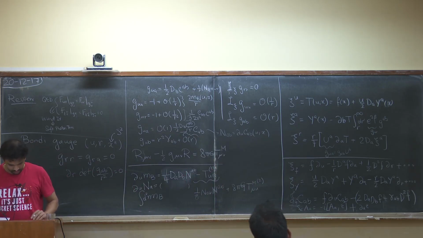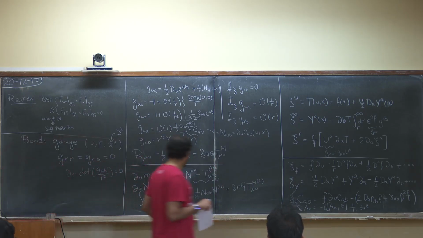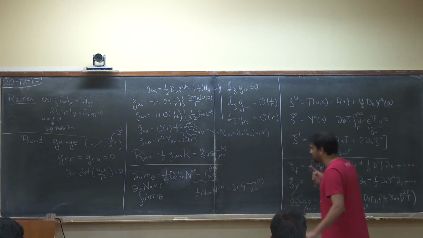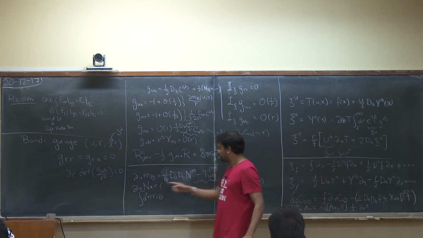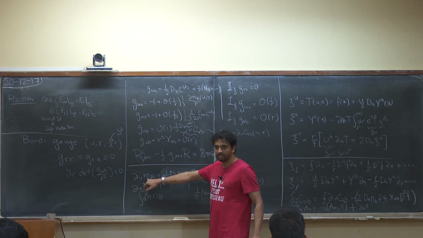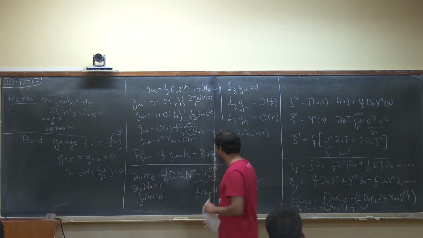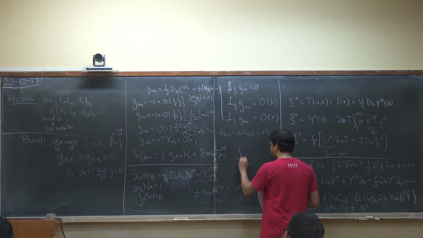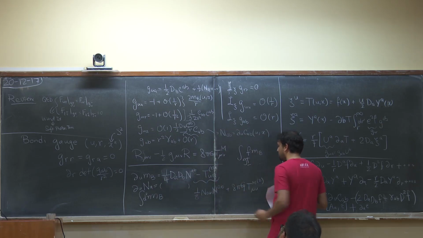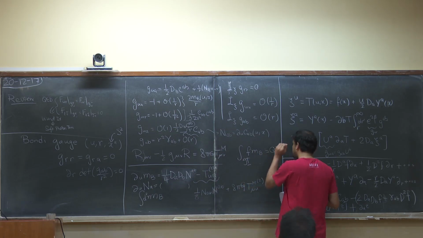Okay. That's all I wanted to say. Beyond that, as I said, the thing you have to match for the supertranslations is M_B. This is what I talked about yesterday, very quickly. And you can show that the charge, the integral over the sphere of F M_B, is precisely the charge, which I call Q_F plus.